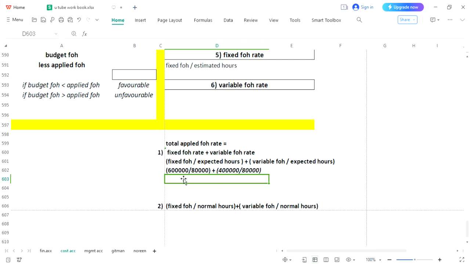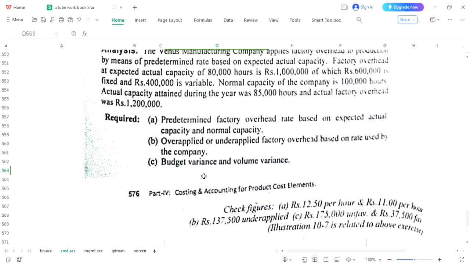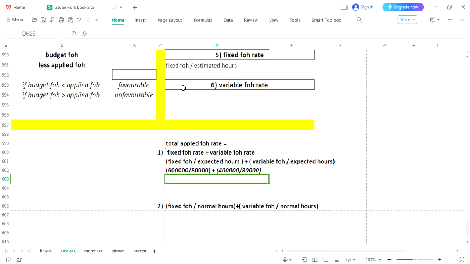Fixed FH was 6 lakh and 80,000 were expected hours. Everything over here was seen from the question. Look at here. Expected capacity 80,000 hours. These are expected hours. 6 lakh fixed and 4 lakh variable. So you can see we have seen from the book.